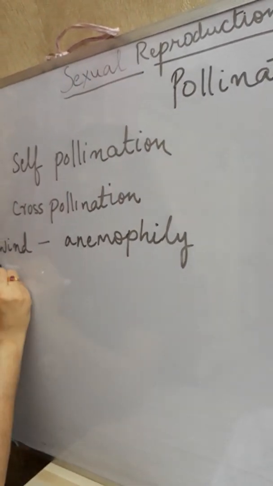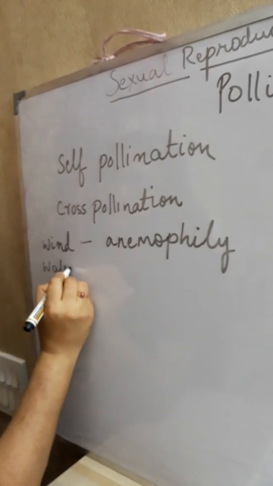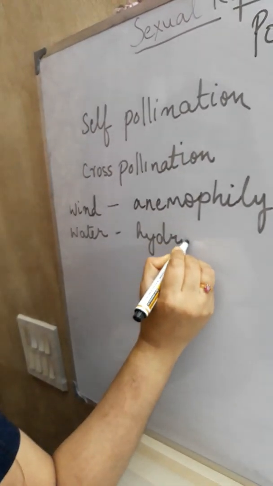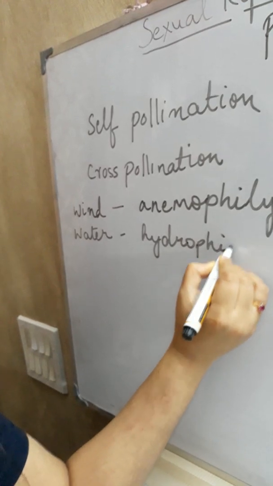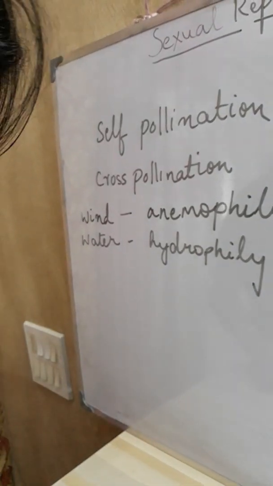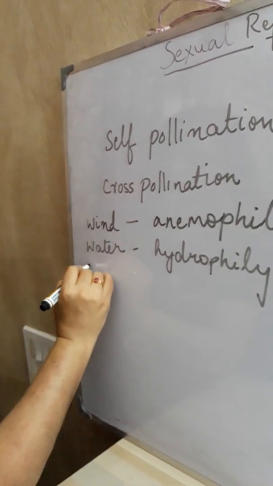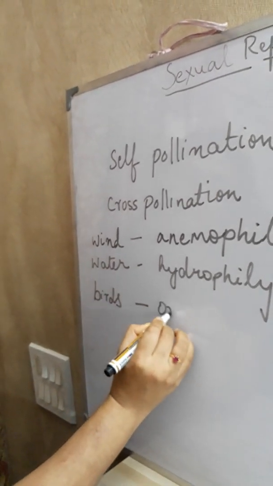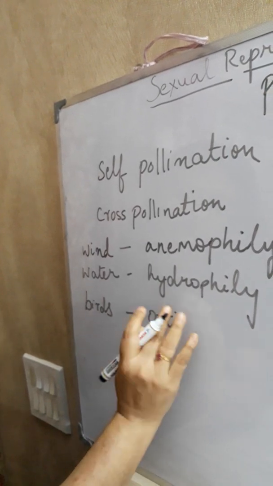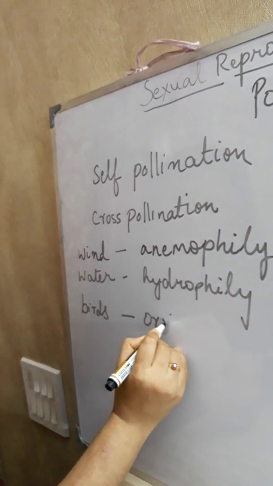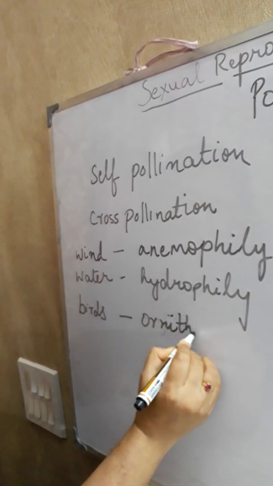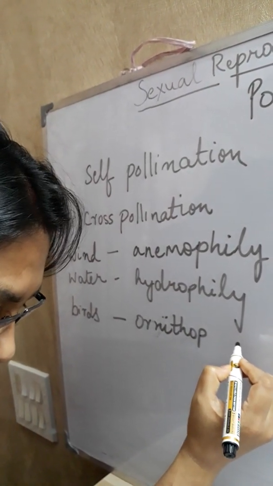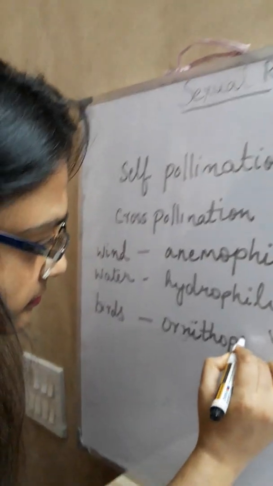If it occurs with the help of water, it is known as hydrophily. If it occurs with the help of birds, it is known as ornithophily. Insects.